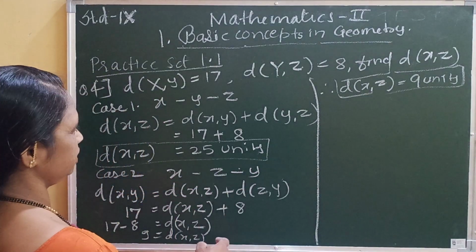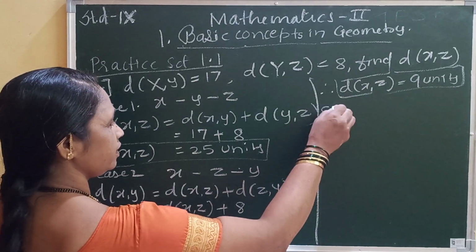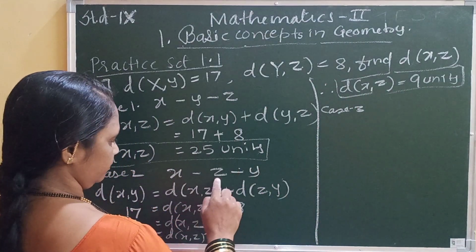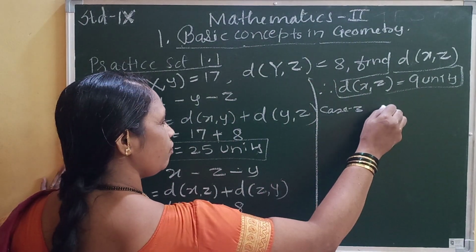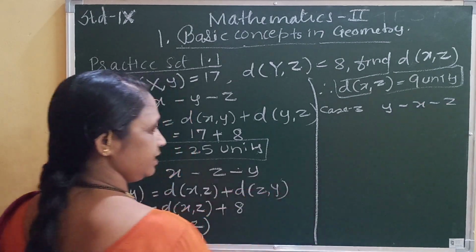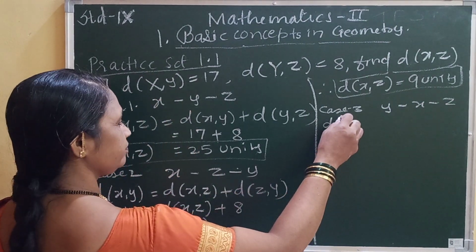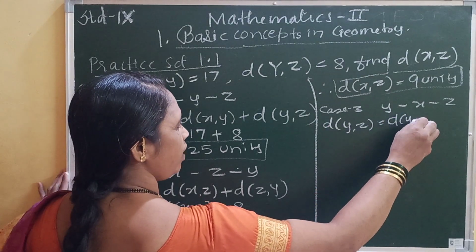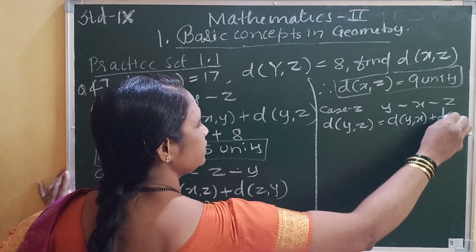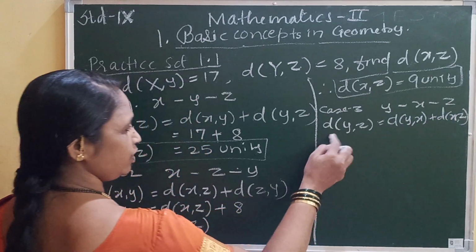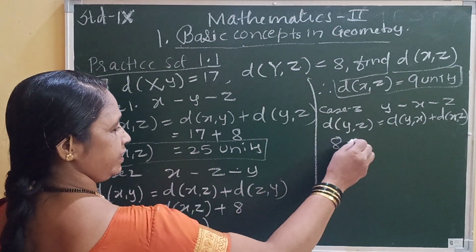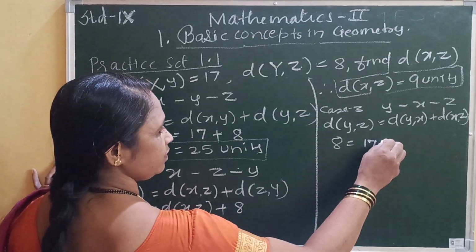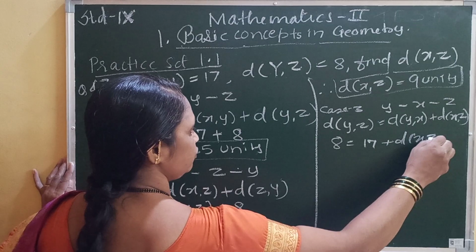Now the third condition. Case 3 is Y, X, Z. This condition means distance YZ is equal to distance YX plus distance XZ. Now YZ is 8, distance YX is 17, plus distance XZ, which we have to find out.